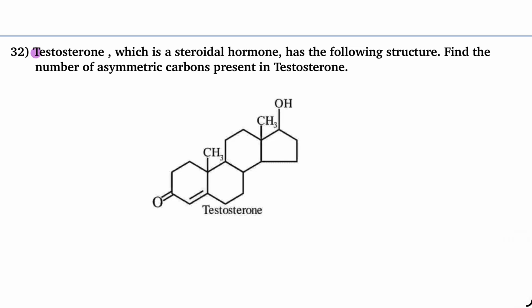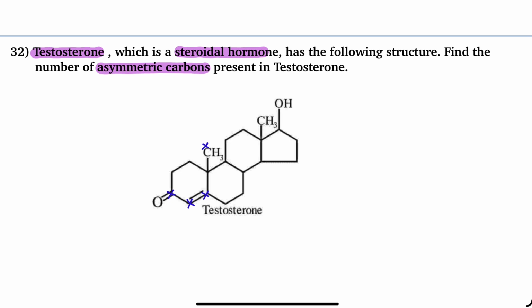Next one, testosterone, which is a steroidal hormone, has the following structure. He gave the structure. Find the number of asymmetric carbons, chiral carbons. sp3 carbon with 4 different groups. Let us forget about this, because they are not sp3.